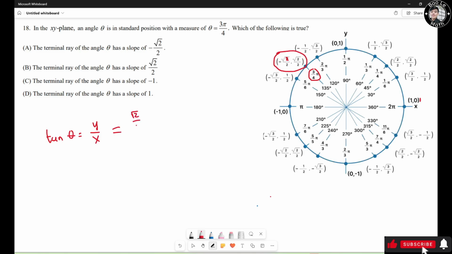So we have root 2 over 2 divided by negative root 2 over 2, right? And then it turns out to be root 2 over 2 multiplied by negative 2 over root 2, right? Now we just simplify this one and this one, so the answer is 1, right? So look at the answer choices here, only C is correct, right?